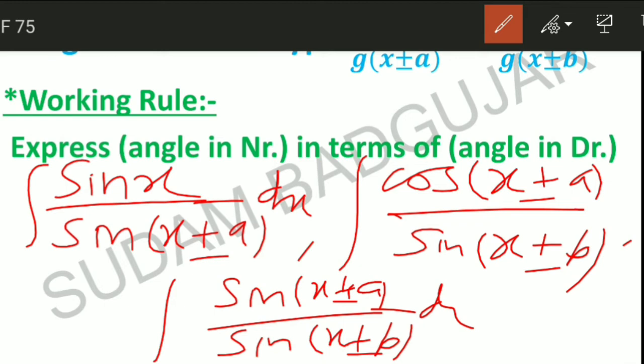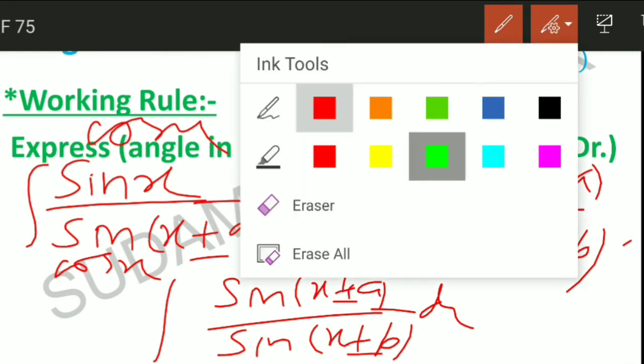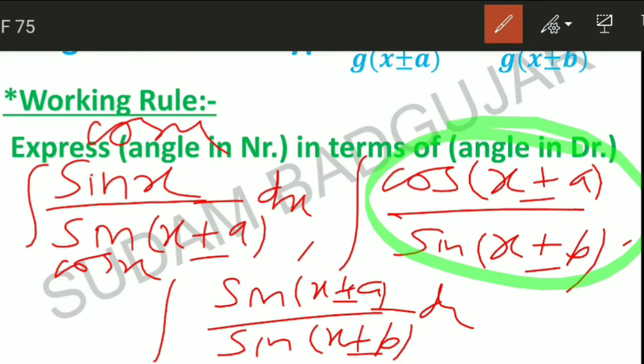You must remember, it is a particular type of integration: integration of sine x upon sine of x plus a or x minus b or x plus b, whatever it may be, or sine upon cos, sometimes cos upon sine or cos upon cos, in this type. Understood? Here you have to observe the angle of numerator and denominator.